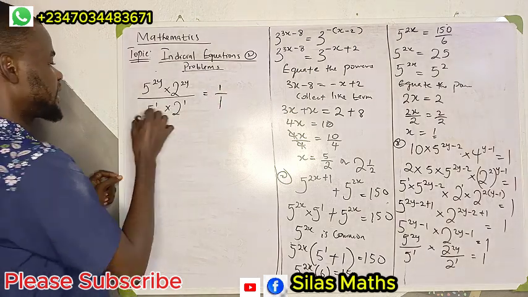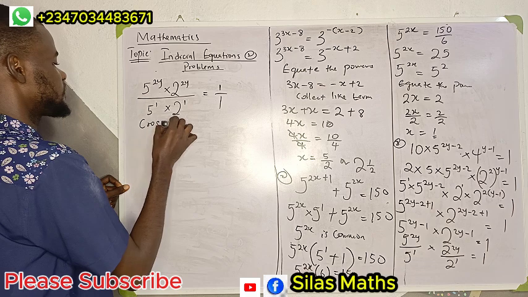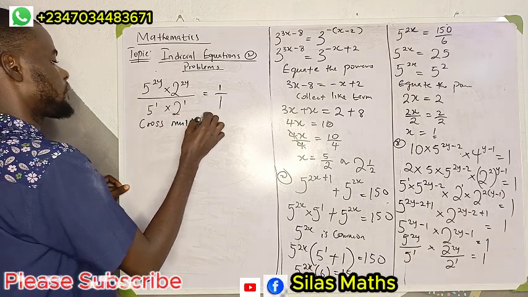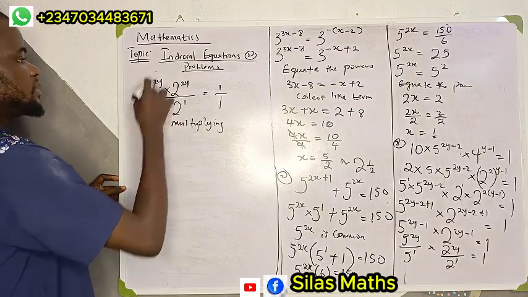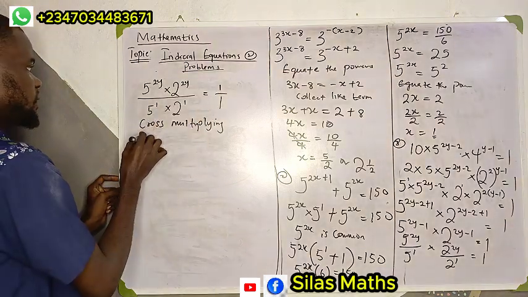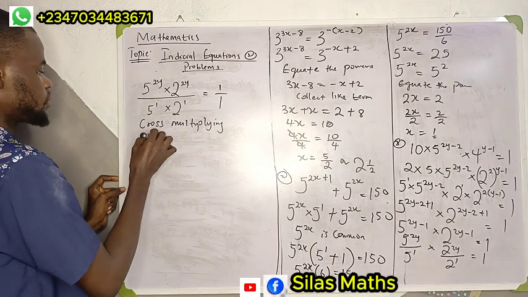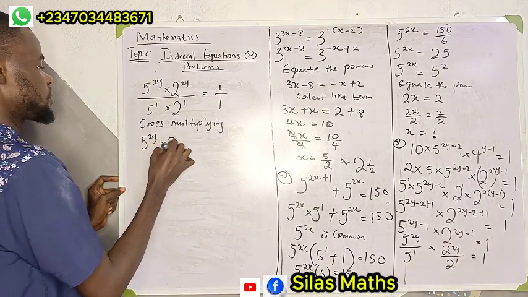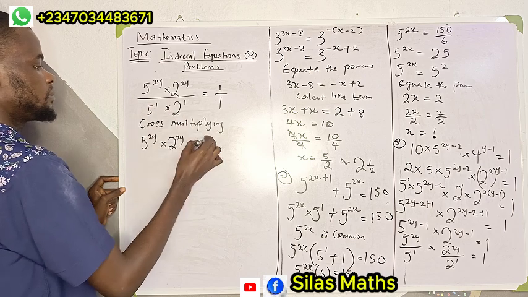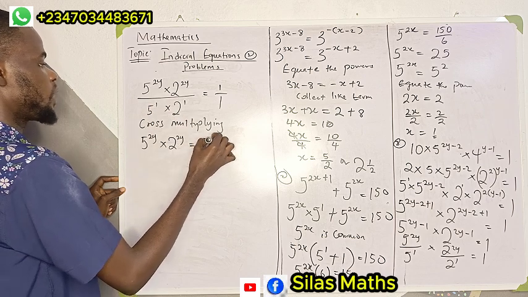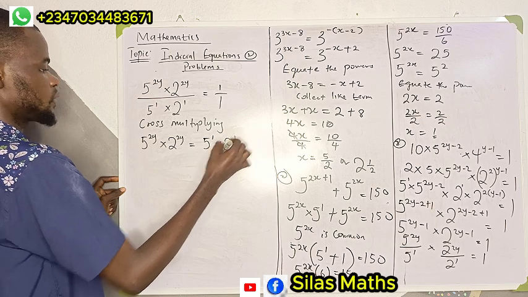So cross multiplying here, we are going to have 1 times this times that, so we are going to have 5 to the power of 2y times 2 to the power of 2y equal to 5 to the power of 1 times 2 to the power of 1.